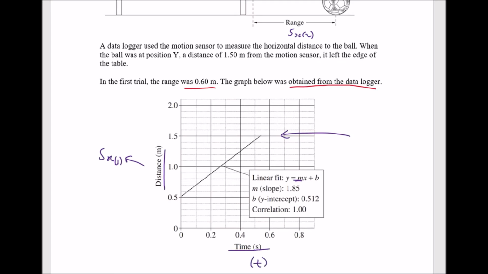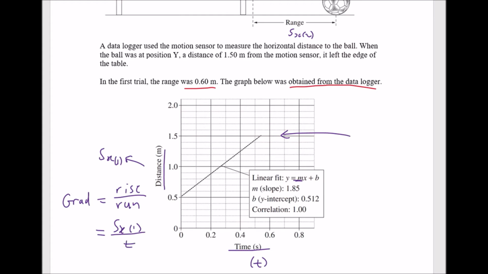Okay, so knowing how to derive a value for the gradient, it's rise over run. And if you have a look at what's the rise, that's Sx1, the horizontal displacement on the table, and we have time. So what formula matches that?